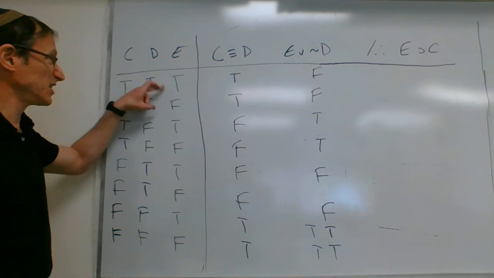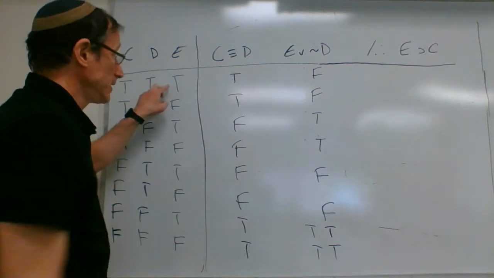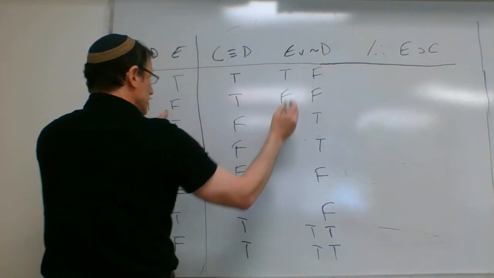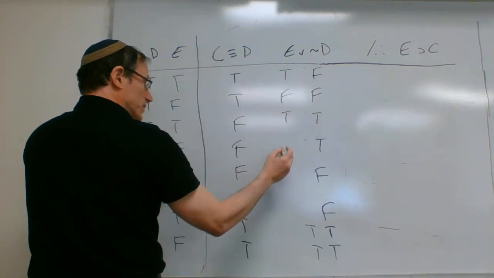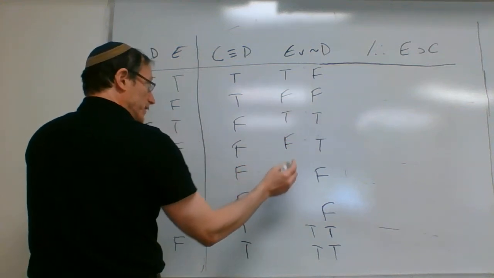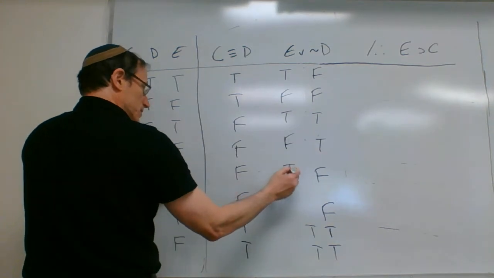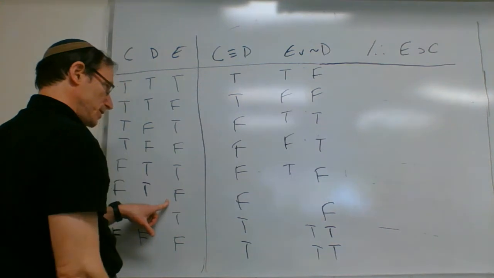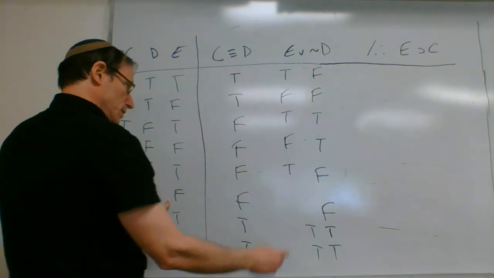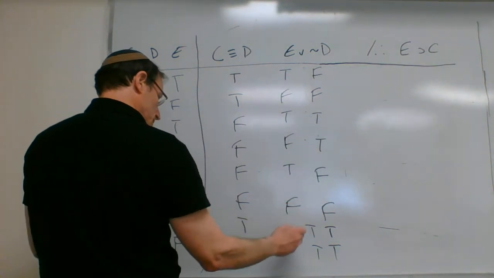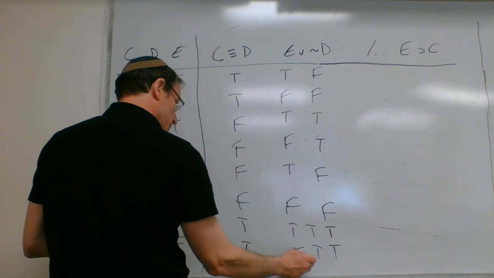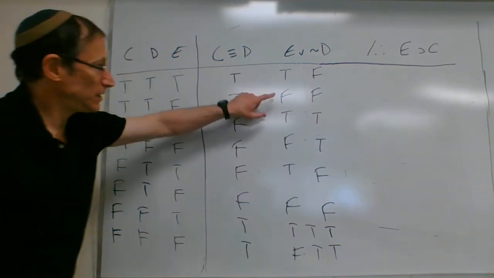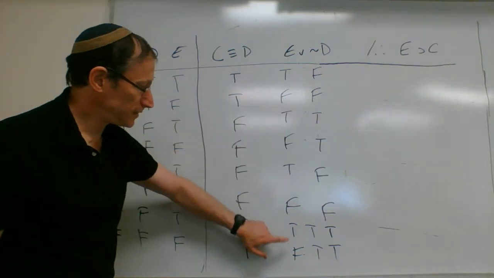I need to look at E here, right? E is true here, false here, true here. Let me just go ahead and write down the whole value of E. Sometimes that's just the easiest thing to do. This is going to be true, false, true, false. Okay, so I've got TF, TF, TF, TF.